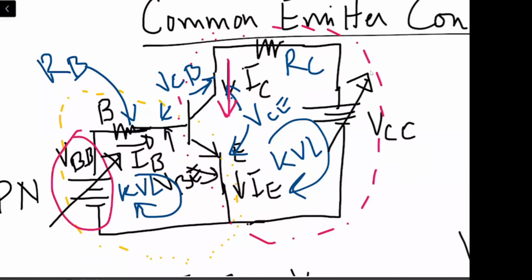Are you with me? So when we make VBB increase, this means IB will also increase over here. And now let's suppose IB becomes 10 microamperes over here, right?